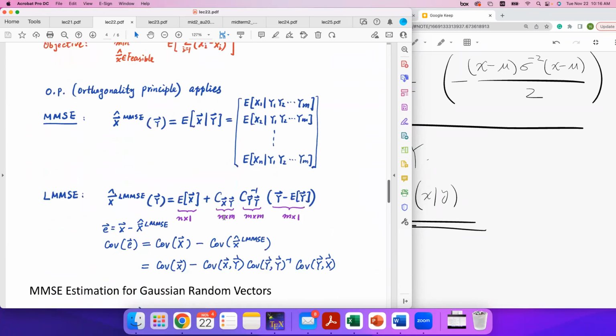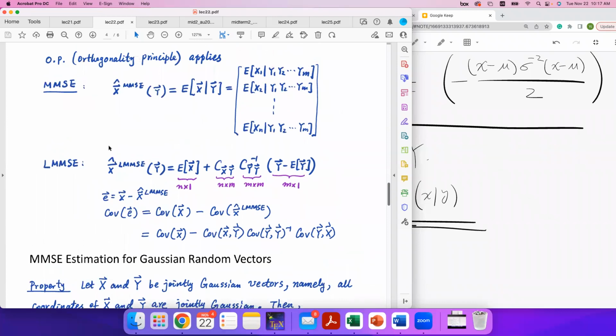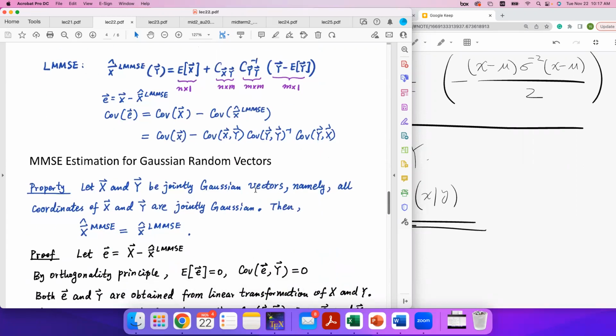So you can directly leverage all these properties to complete your homework. For these estimators, you just need to figure out how to identify the mean vectors and the covariance matrix. They have a precise definition in lecture 21. It's basically computing the pairwise statistics, correlations, and covariances, and stacking them into a matrix.